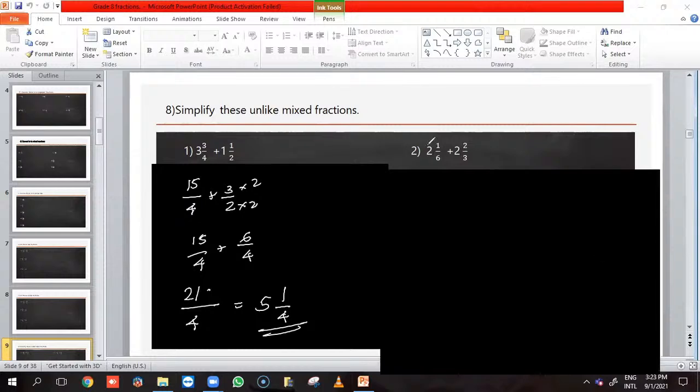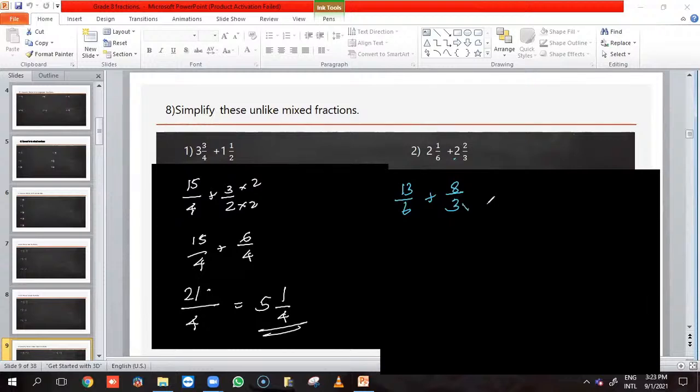I will follow the first method. 6 times 2, 12 and 1, 13 over 6. 3 times 2, 6. 6 and 2, 8 over 3. To convert this to a common denominator, it is 6. You want to convert this denominator also to 6.